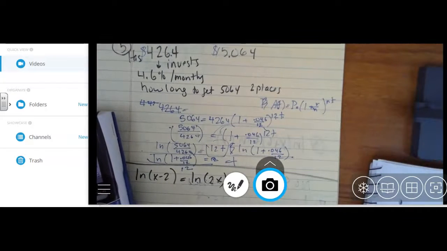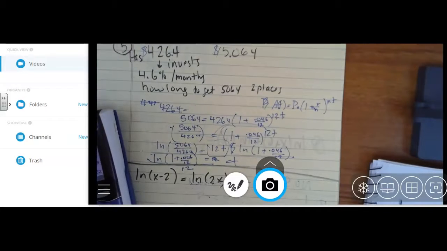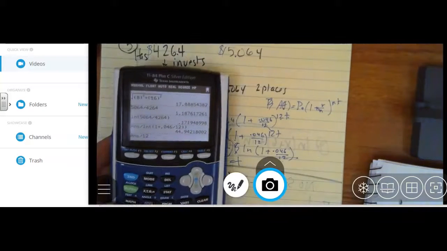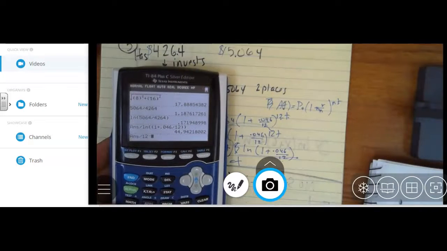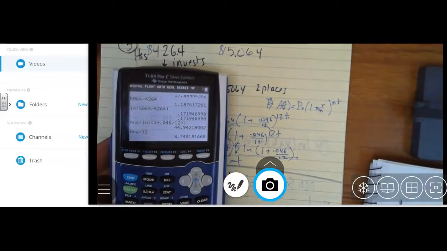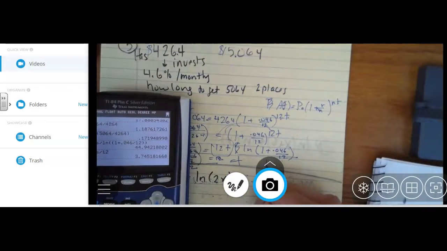Then we divide that by 12. And we get 3.75. So t is equal to 3.75 years.